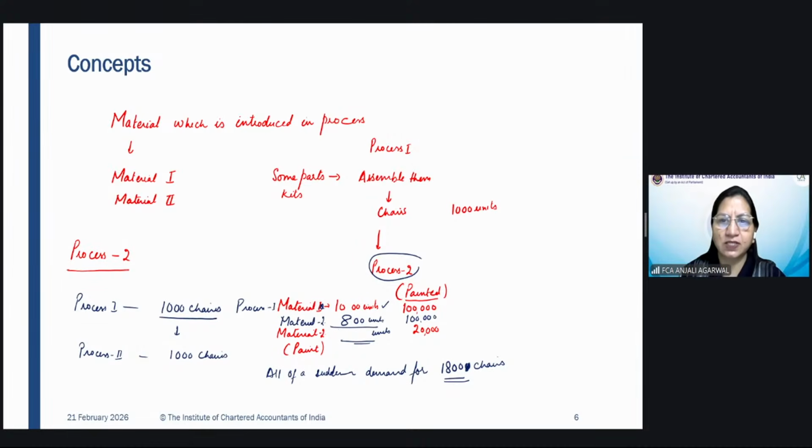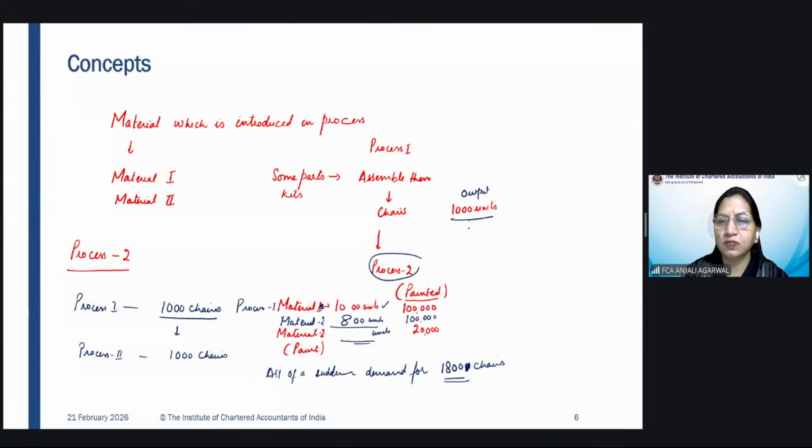So what you do is, instead of waiting for process one to further hand over 800 units of assembled chairs to you, you purchase assembled chairs from the market. So what is the output of process one?